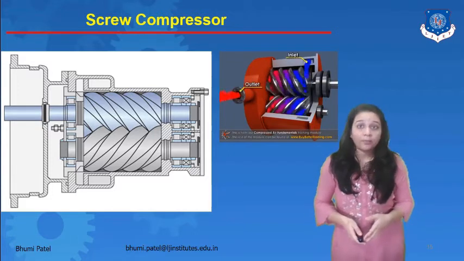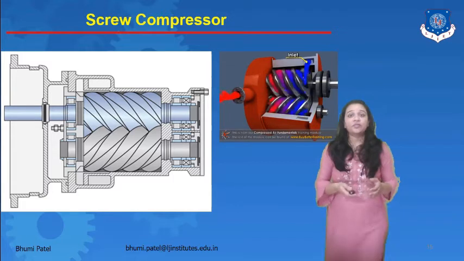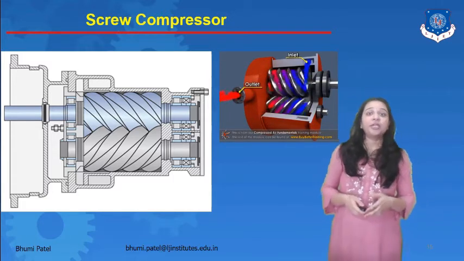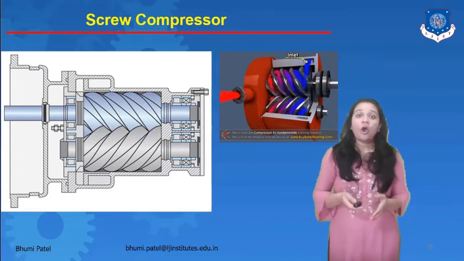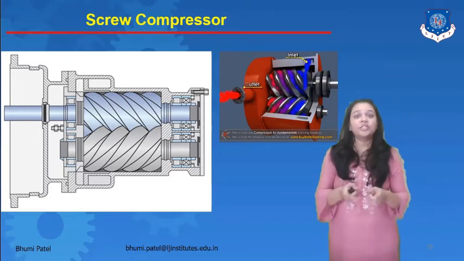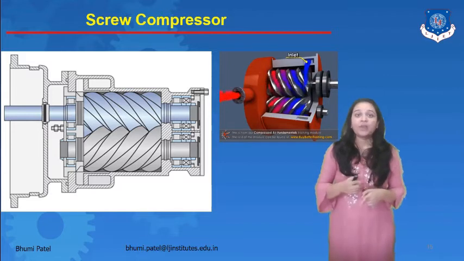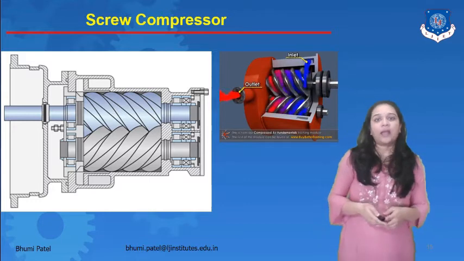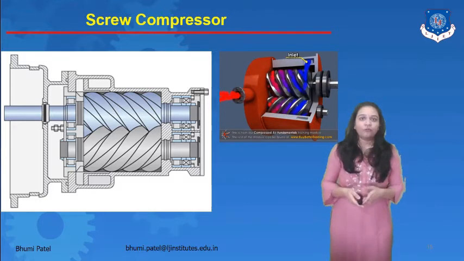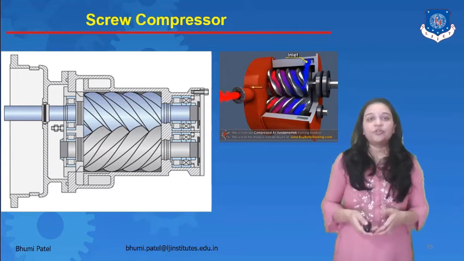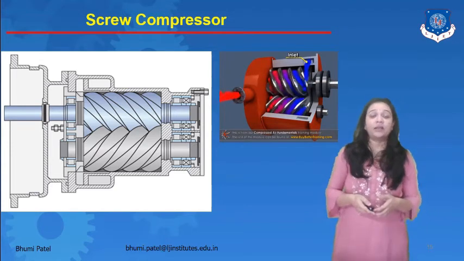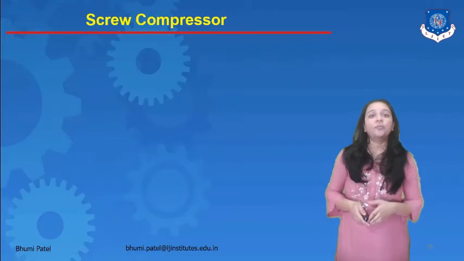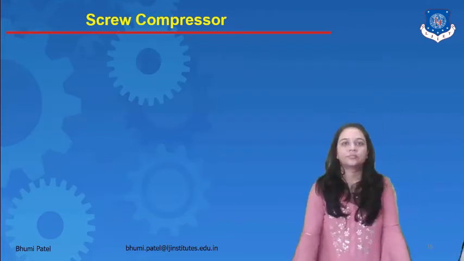It has one inlet and one outlet. When the inlet pressure is applied, the mechanism of the compressor rotates, and we get the outflow of the system. Using the screw compressor, we can get the outflow pressure.